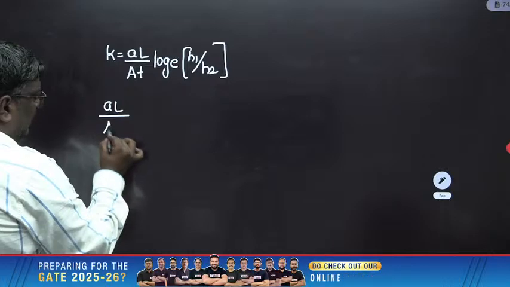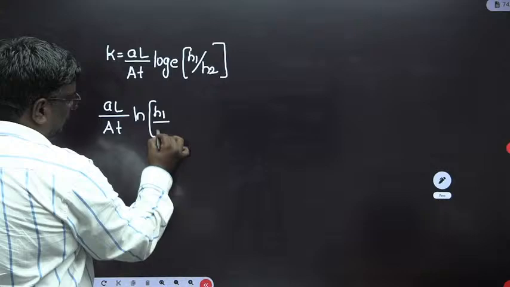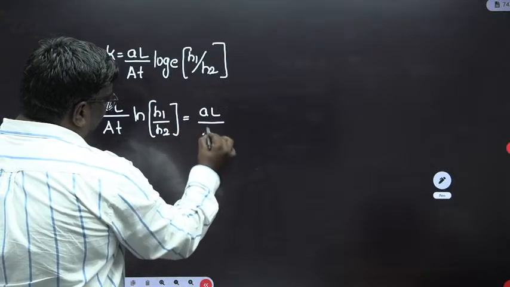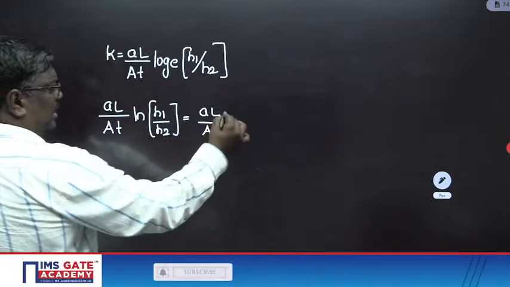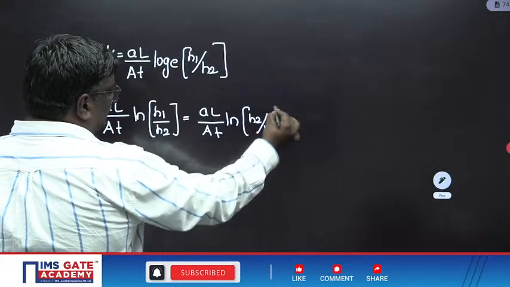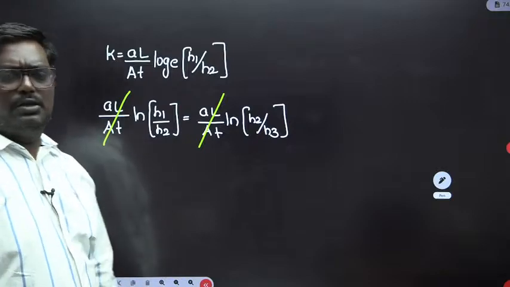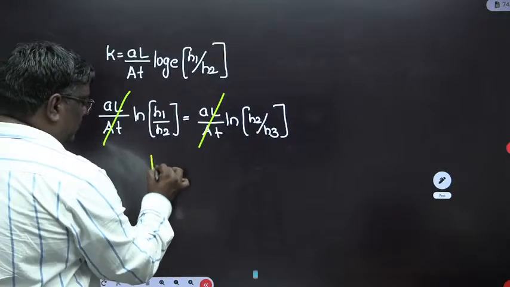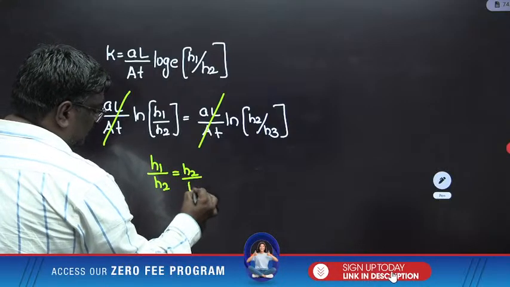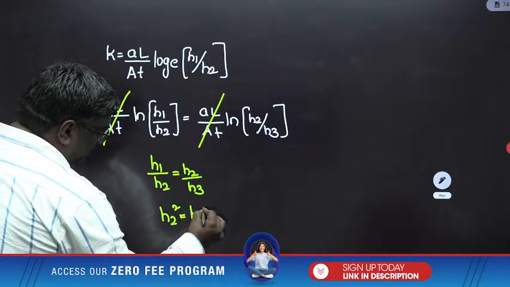So aL by AT into ln (H1 by H2) is equal to aL by AT into ln (H2 by H3). Now I can cancel all this because all the parameters are kept constant. So you can write H1 by H2 is equal to H2 by H3, or H2 square is equal to H1 into H3.